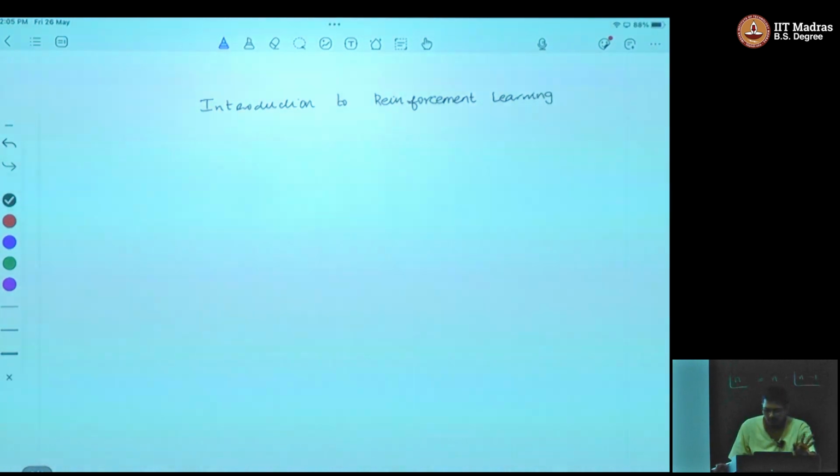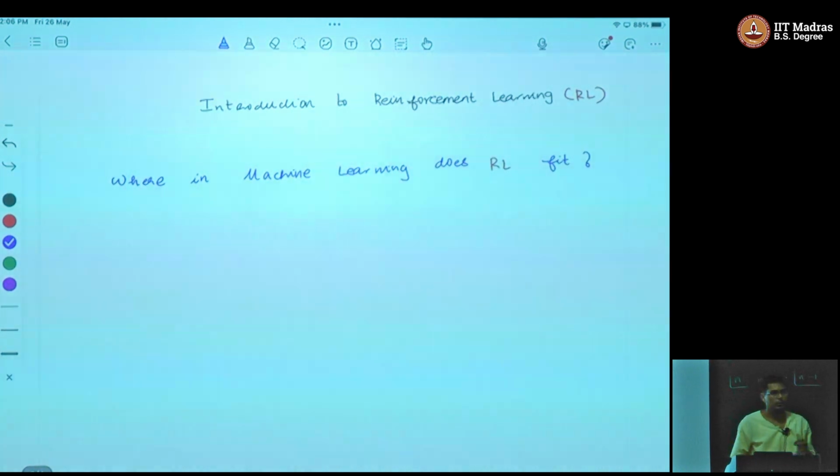While this is an introduction to reinforcement learning, we will also be looking at the larger question of: in machine learning, where does reinforcement learning, which I am going to call RL, fit?